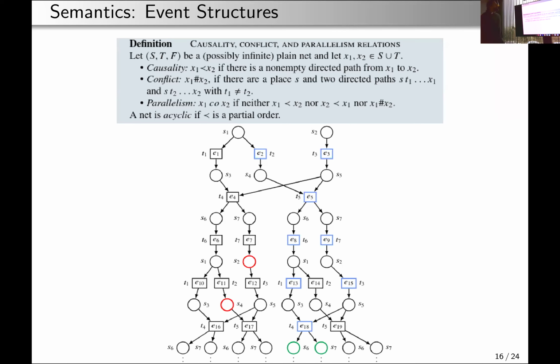Is it easy to describe how you get back the places just from the event structure? Well, yeah, you need to have a place between each pair of events that are causally related. And if two events are in conflict, you can trace back the conflict to the initial events that generated the conflict, and you say, okay, there's a place at which they branch.